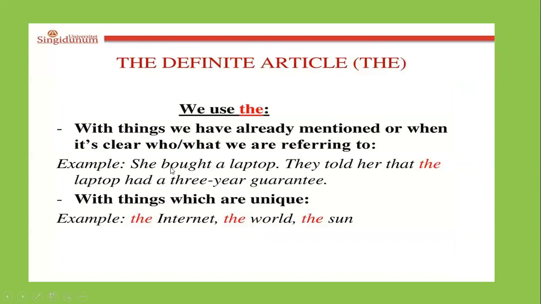Example: she bought a laptop. Since it is the continuation of the sentence, we say the laptop, the laptop which she bought. We are pinpointing the laptop. So the laptop had a 3-year guarantee. I'm pinpointing a particular person's laptop, an object.